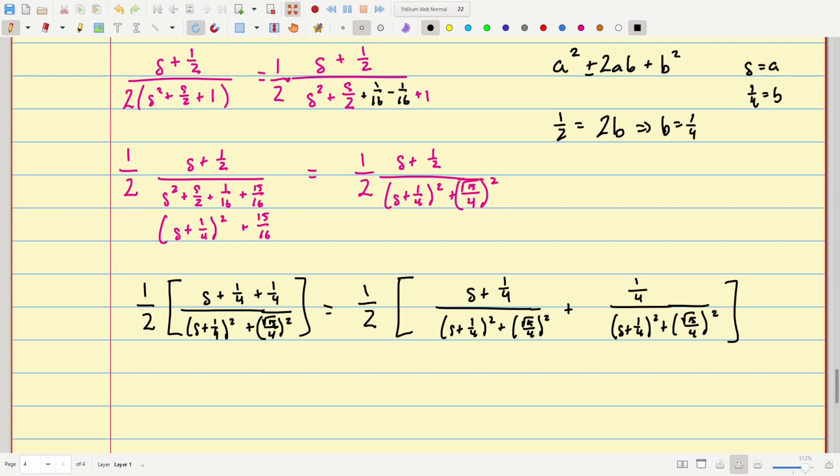Make sense? Okay. Now, in order to finish the second part, this value has to match the inside of that square. I multiply by 1.